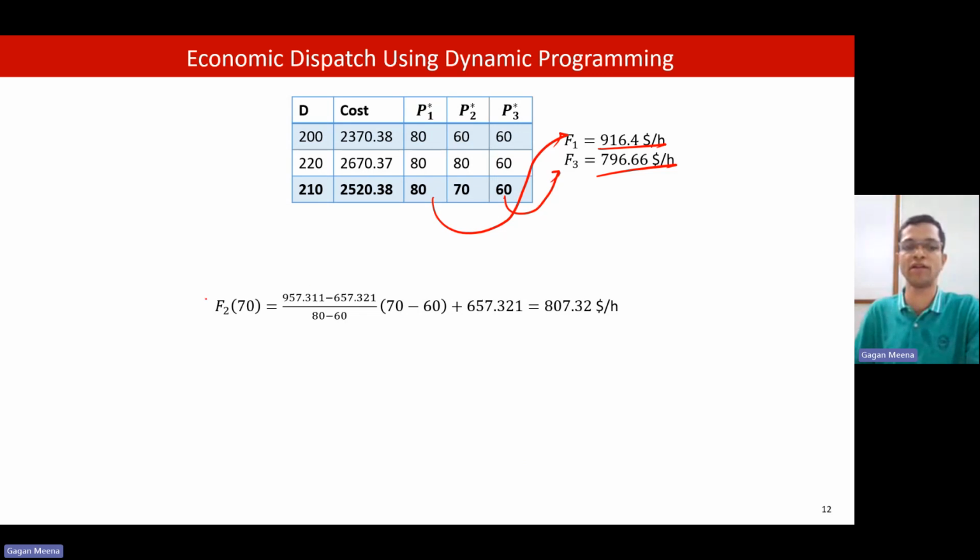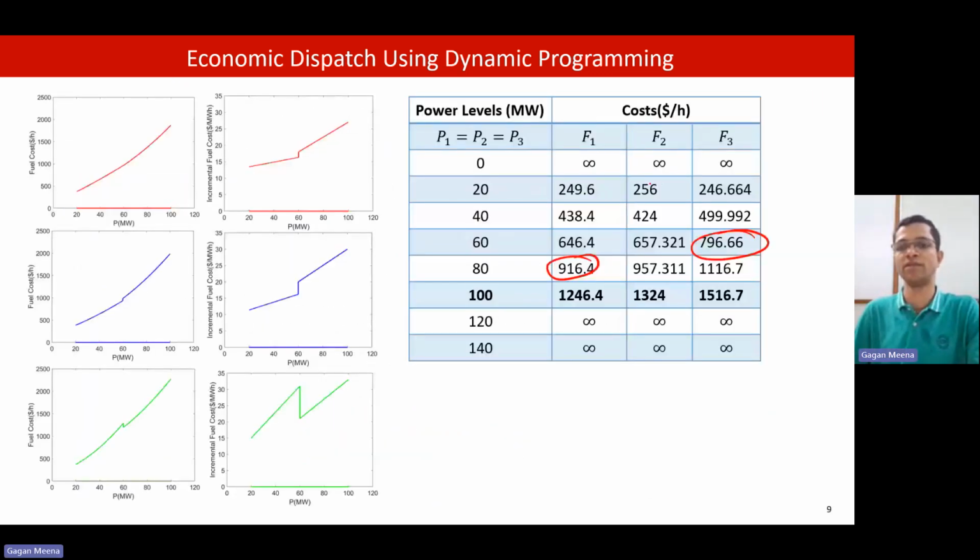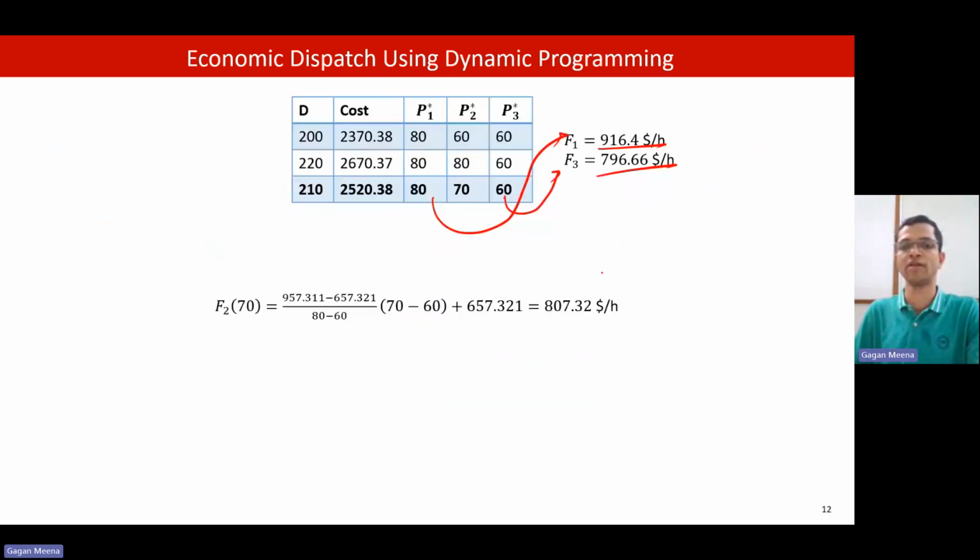For P2 we need to calculate using this interpolation mechanism, because we know that P2 at 60 is 657.32. At 80 it is 957.3. In between we need to calculate. You can use a straight line equation and calculate the value. The cost comes out to be this, 807.32. Now we can sum all these three to get the overall cost of generation.